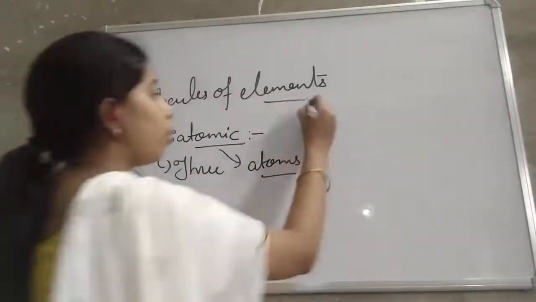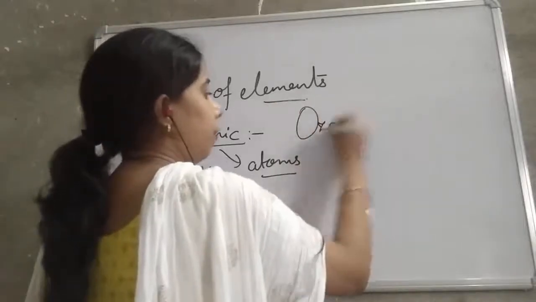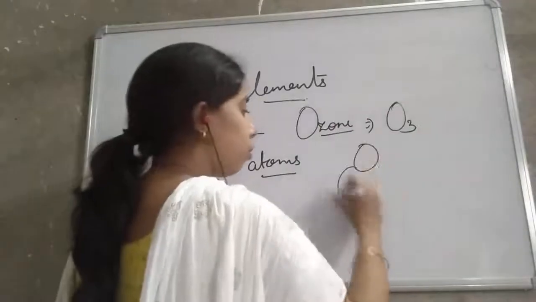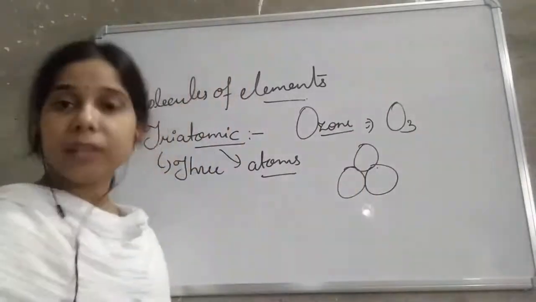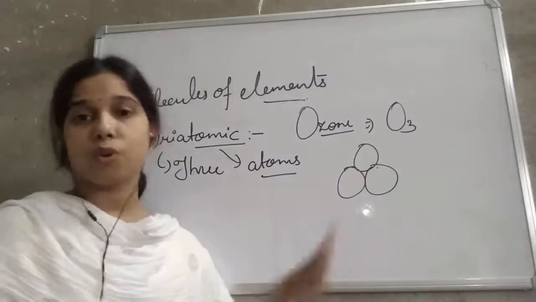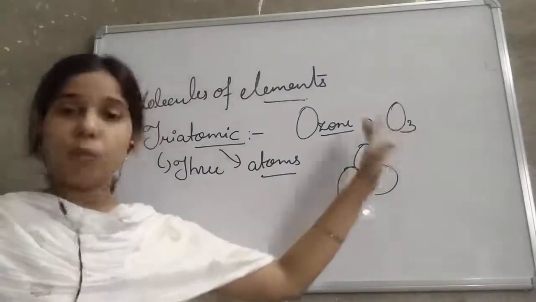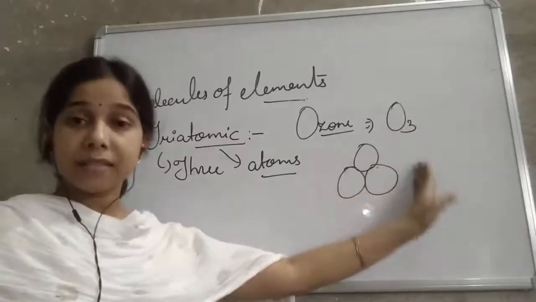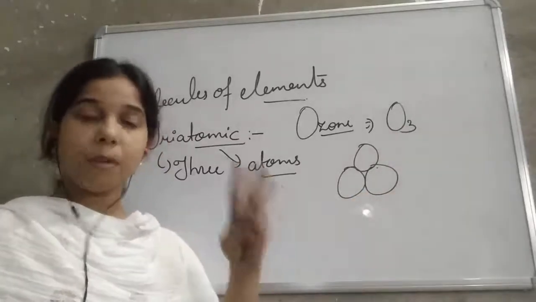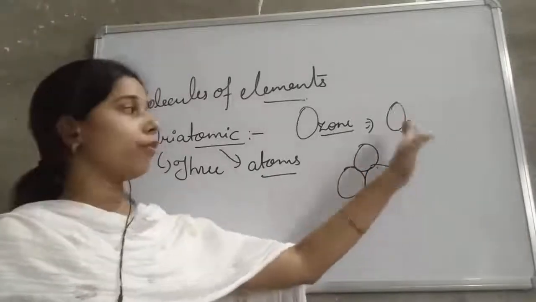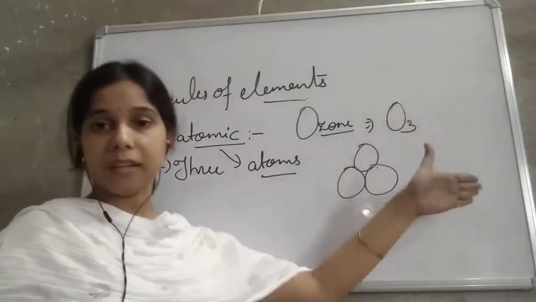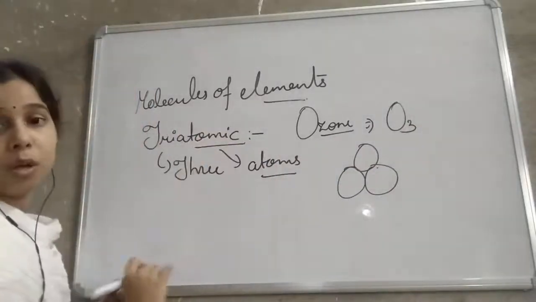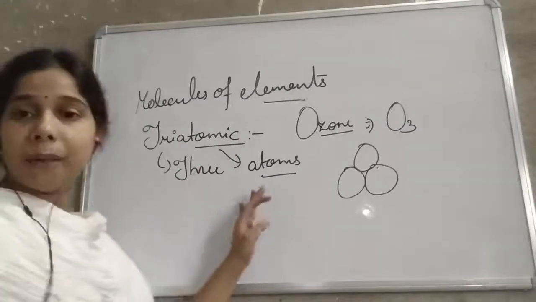Basically, ozone is that. The formula of ozone is O3. So here, three atoms of oxygen combine together to form the ozone molecule. Okay, so one type of atom is there which combines together, and since three same oxygen atoms are attached to form the O3, that's why we use the term triatomic molecule. So three atoms are combining.